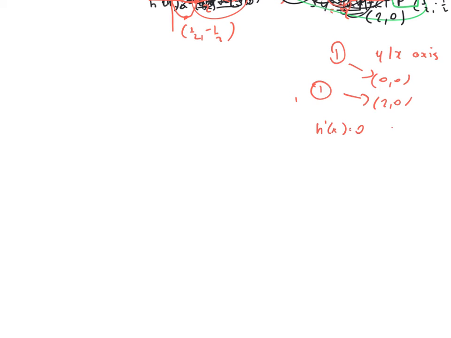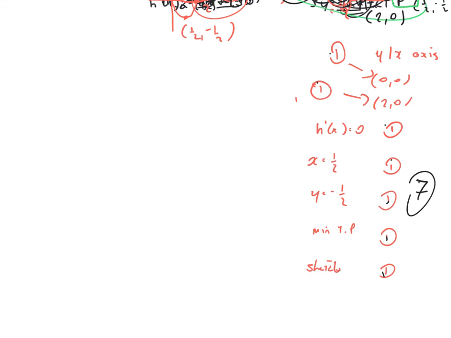Okay, so another mark for that. And then another mark to get the stationary point, and another mark to get the y-coordinate of the stationary point. Another mark to get the fact that it's a min turning point, and then a final mark to sketch the thing out. Okay, so the sketching part of the question is going to be worth a total of 1, 2, 3, 4, 5, 6, 7 marks.